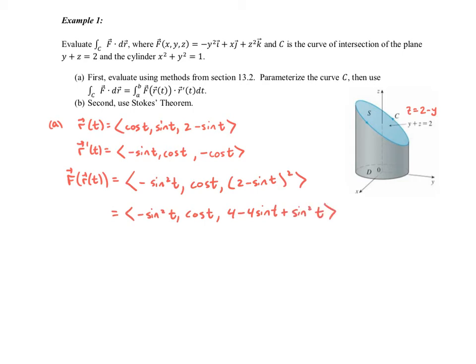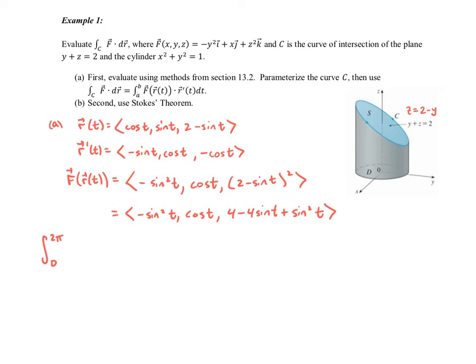Okay, so our integral then will be from 0 to 2 pi, because remember, if we're using the parameters that we chose for this particular curve, we're going to go all the way around this curve, which is going to be 0 to 2 pi. So that's going to be our parameter for t.